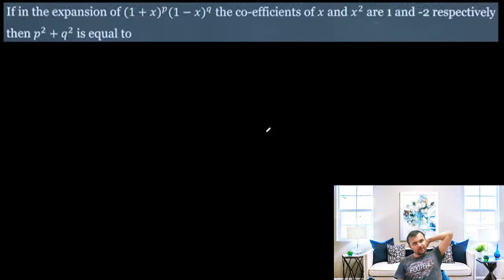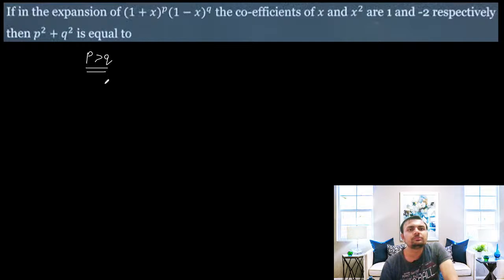In the expansion of (1 plus x) to the power p times (1 minus x) to the power q, the coefficients of x and x square are given. If we take p bigger than q, we can write (1 minus x square) to the power q into (1 plus x) to the power p minus q.